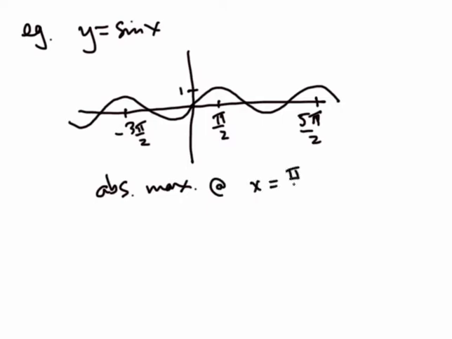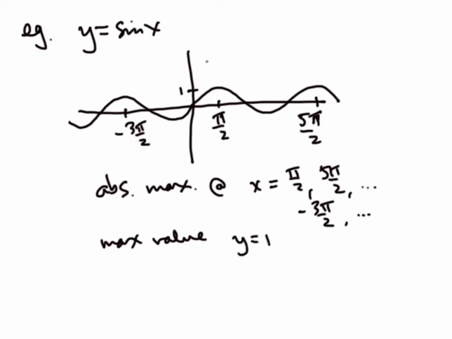Like pi over 2, 5 pi over 2, 9 pi over 2 is going to be the next one. It has negative 3 pi over 2, negative 7 pi over 2. So it has a lot of absolute maxima, but it has one maximum value. So the maximum value is the y value, and that maximum value is 1.